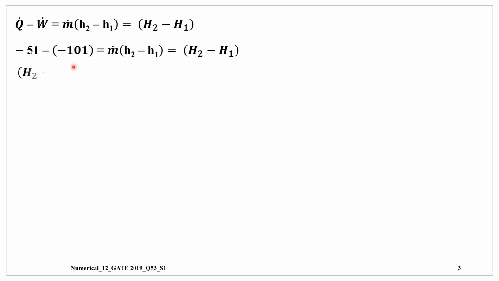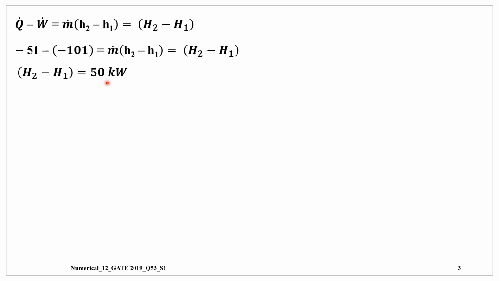This yields change in enthalpy is equal to 50 kilowatts. If we are able to calculate the mass flow rate, then we can find the final required answer, the temperature at exit.